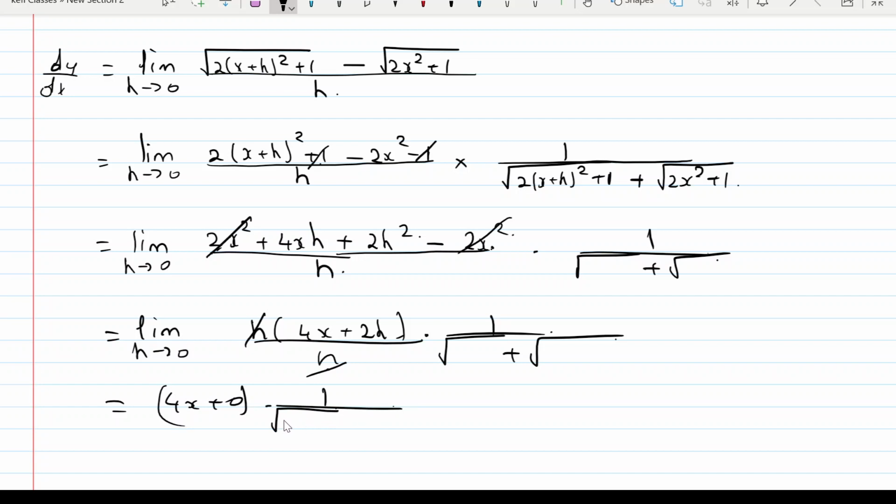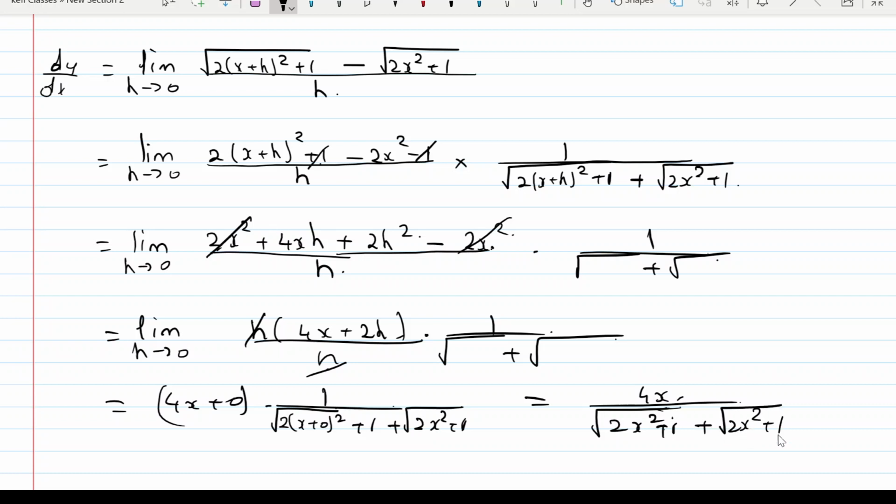So as h tends to 0, this is 4x plus 0 into 1 upon root of. Now this will be 2 into x plus 0 the whole square plus 1 plus root of 2x square plus 1. So that becomes equal to 4x upon root of 2x square plus 1 plus root of 2x square plus 1.